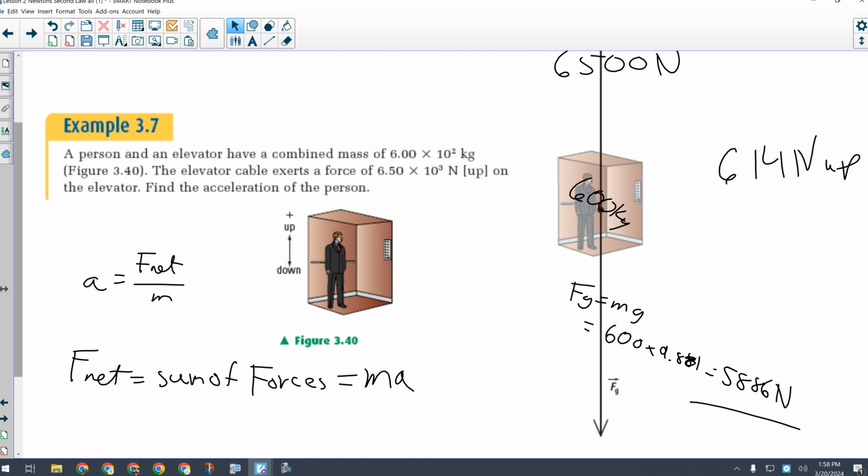Now I know my sum of all forces is 614 newtons, and that equals m times a. I know m, so it's not hard to get the acceleration. Every Newton's second law problem you do involves those two things. Even if it says here's the net force, it's still part of it. Once I've done the vector sum of all forces, I can find the acceleration.